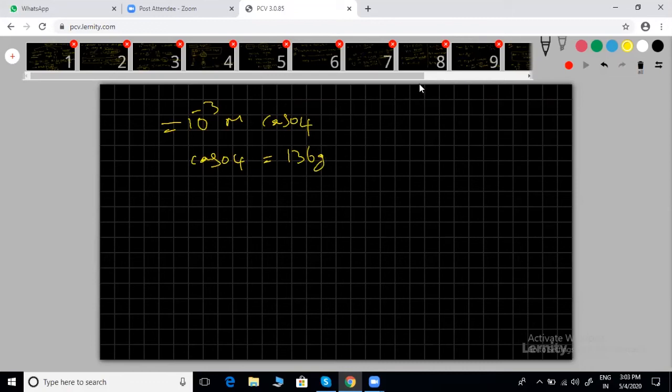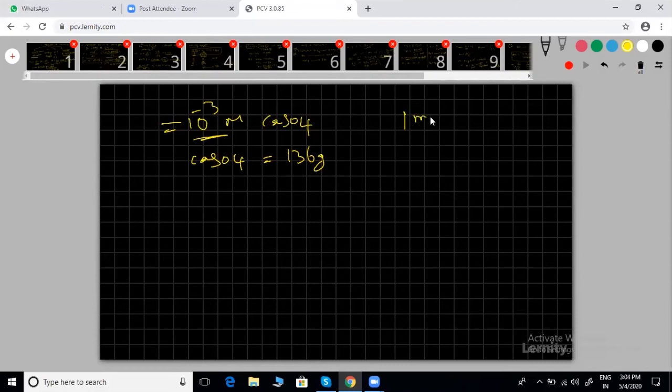So first you can find out the weight, otherwise you can use it directly also. Can you get the answer?